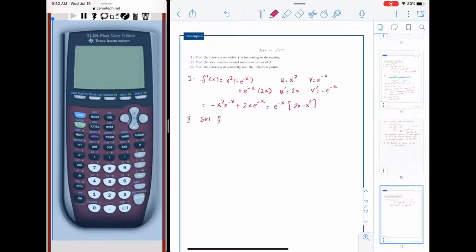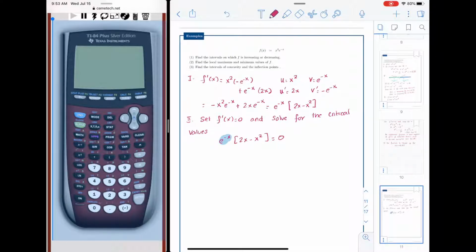Set f prime of x equal to 0 and solve for the critical values. So e raised minus x times 2x minus x squared equal to 0. And if you recall from algebra, an exponential function could never be equal to 0. So that factor cannot be equal to 0.